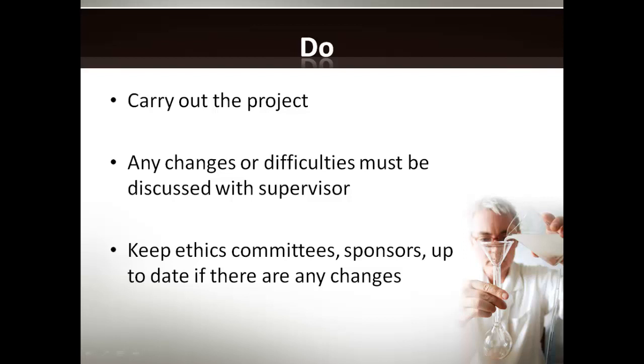Quite often, when carrying it out, you'll hit a wall, and you need to be flexible enough to alter your research question so you still get significant results. You need to discuss any changes or difficulties with your supervisor, and keep the ethics committee and sponsors up to date if there are any changes.